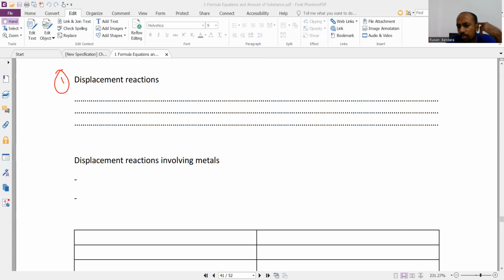It's like an exchange, right? Displacement reaction is like an exchanging reaction. Exchange in the sense, what kind of exchange are you referring to? Like one element will be replaced by another in a compound. Yes.